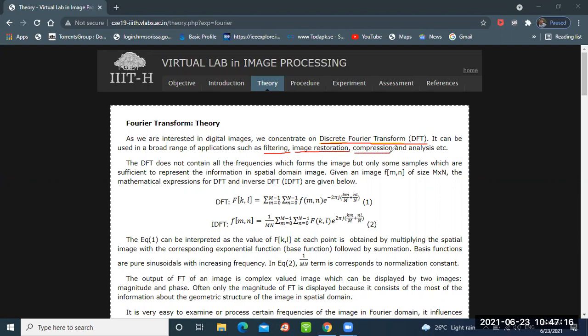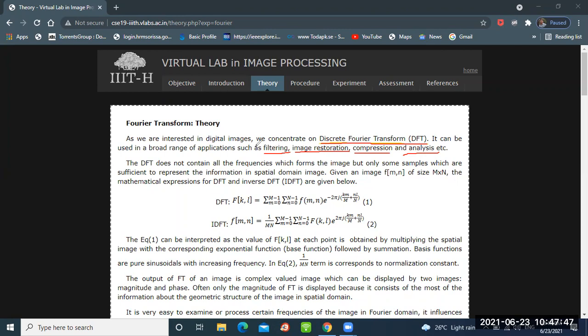Then image compression: whenever we need to send data in low bandwidth, we need to compress the size of the image, and this can be performed with the help of image compression techniques. Then analysis, from the human perception point of view, for different analyzing purposes. That is the main reason why we perform the Fourier transformation.